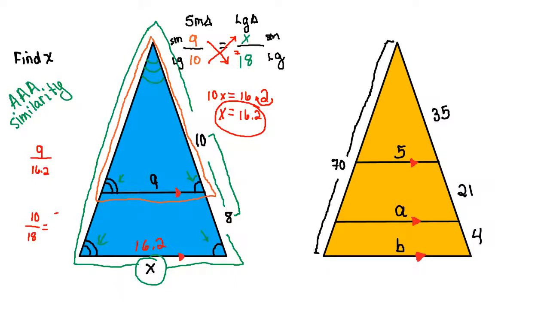It would leave you with a 5 over 9. Let me make sure that 9 divided by 16.2 yields the same thing. 9 divided by 16.2. Math key, enter, enter, and lo and behold, it also equals 5 over 9. So we have a scale factor of 5 to 9.